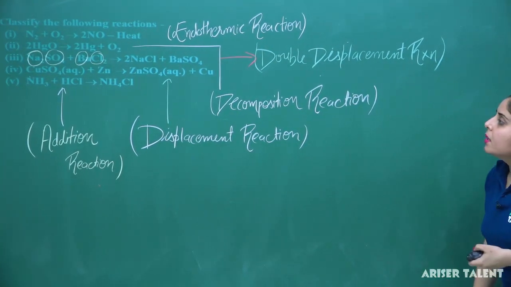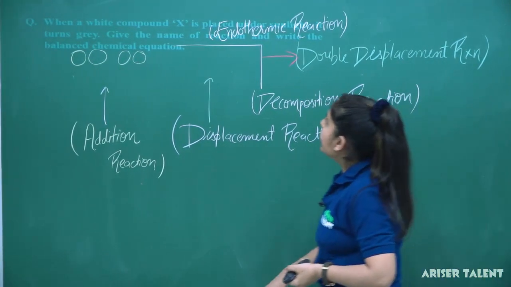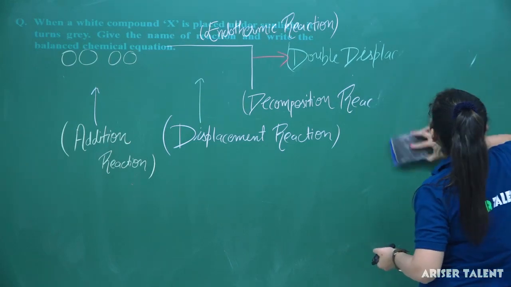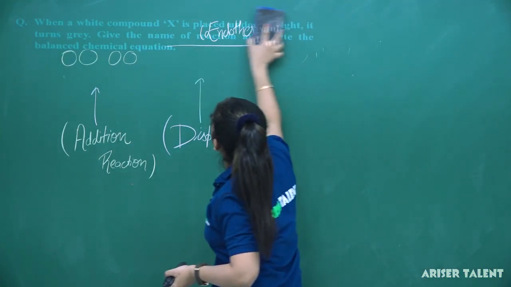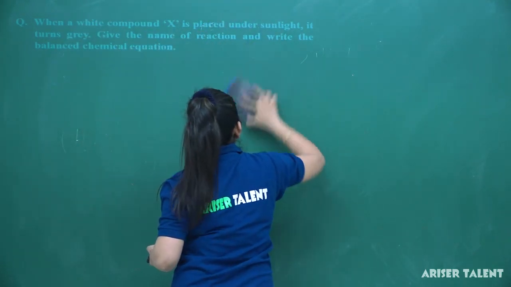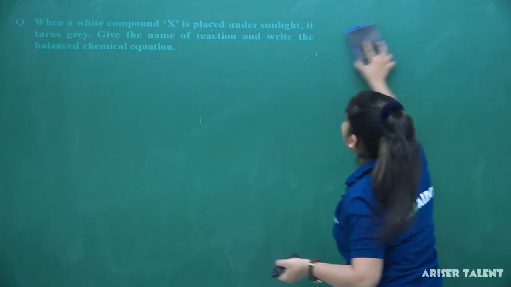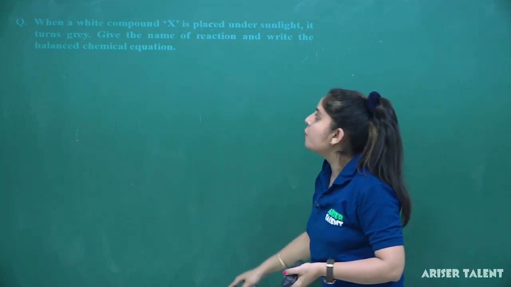Now coming to our next question: when a white compound X is placed in sunlight, it turns grey. We have to name the reaction and write the balanced chemical equation for this.